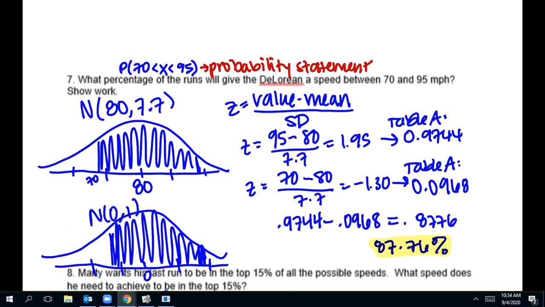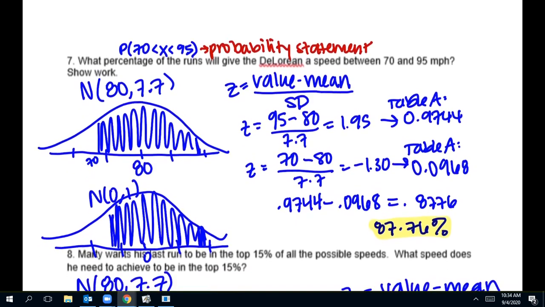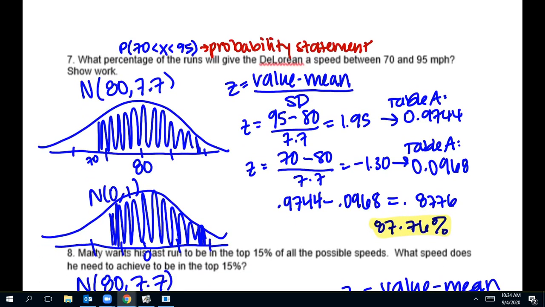I used table A to find each value, but I want to make sure you guys remember table A only tells you, so if I found 1.95, it will tell me all of this area to the left. And then I find this one and it tells me all of this area to the left.